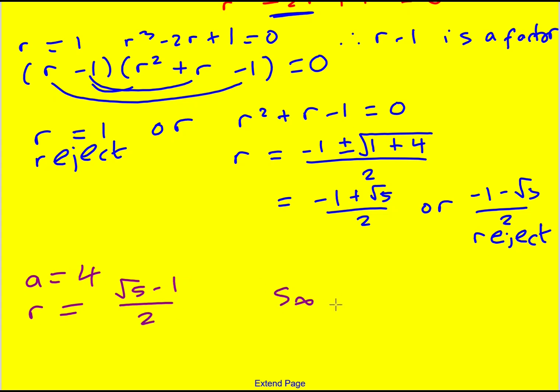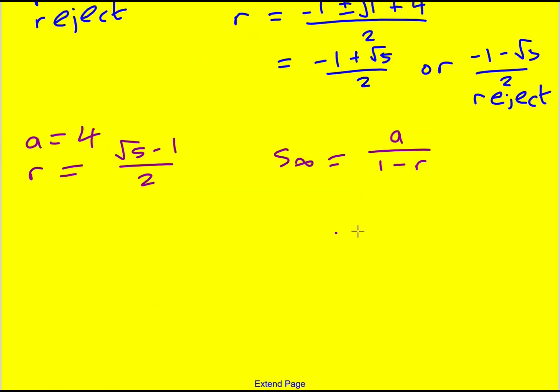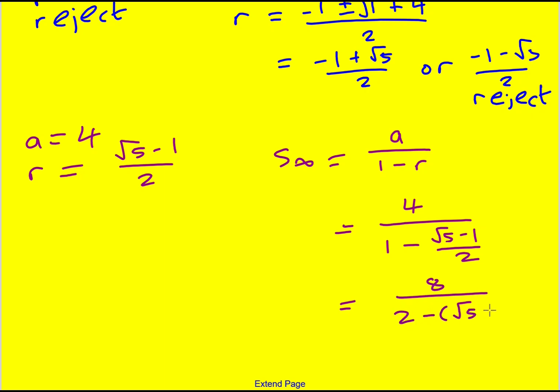So my sum to infinity, which is a over 1 minus r, is going to equal 4 over 1 minus root 5 minus 1 over 2. Times top and bottom by 2 to give me 8 over 2 minus root 5 minus 1, which becomes 8 over 3 minus root 5.